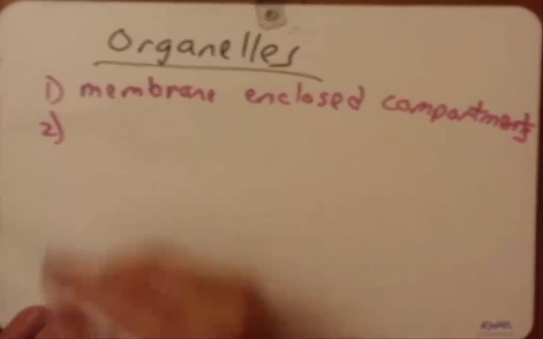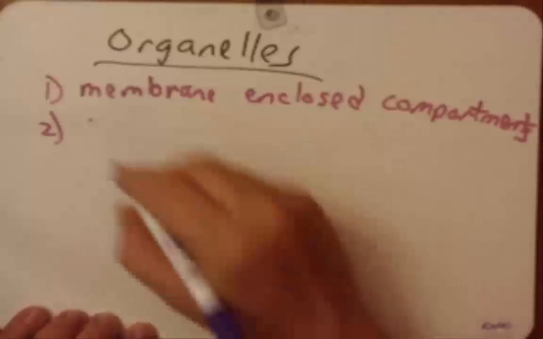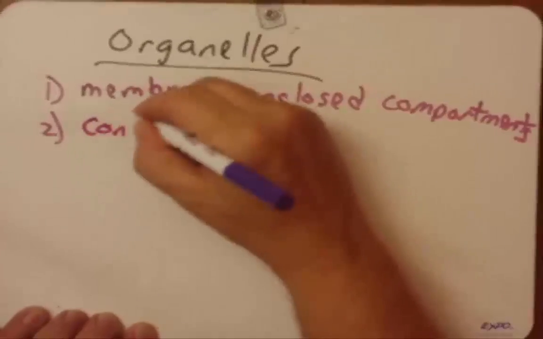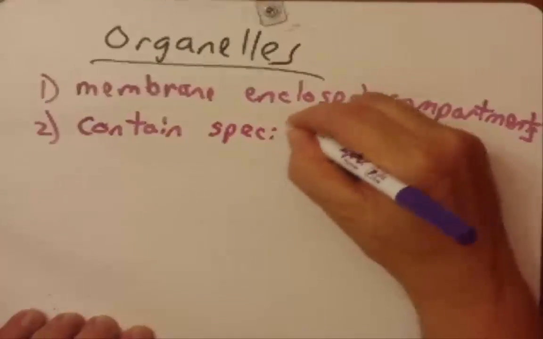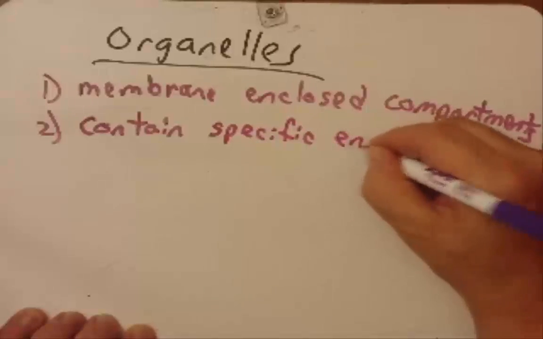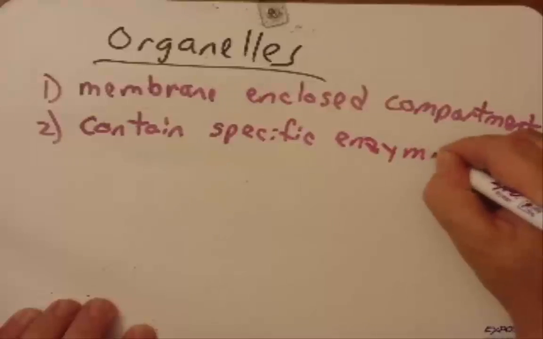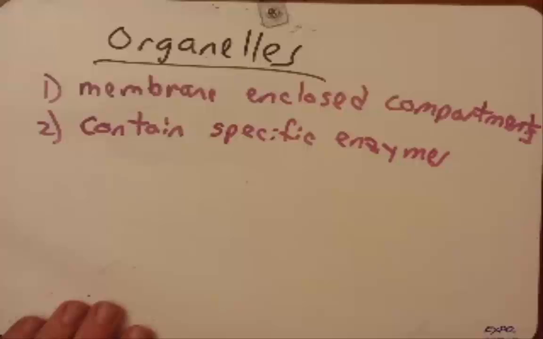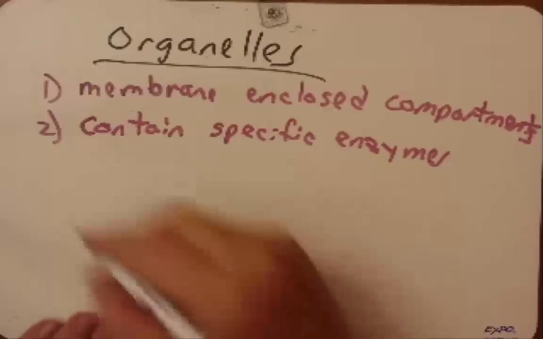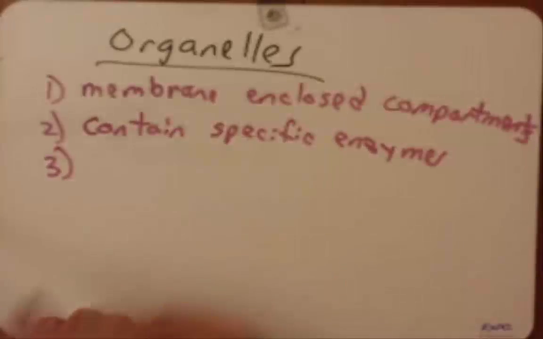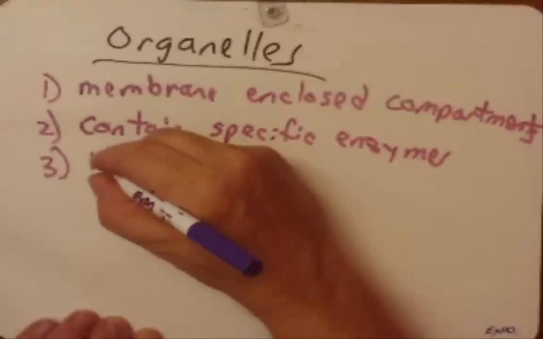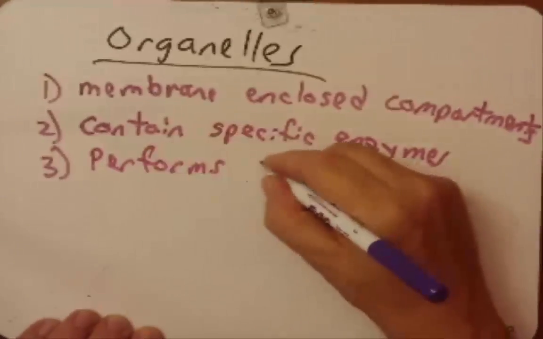Next, within this membrane enclosed compartment, they contain specific enzymes. And these specific enzymes help give that unique function to that particular organelle. Each organelle has a different function. And that's this next point here, is that each organelle performs a specific function.